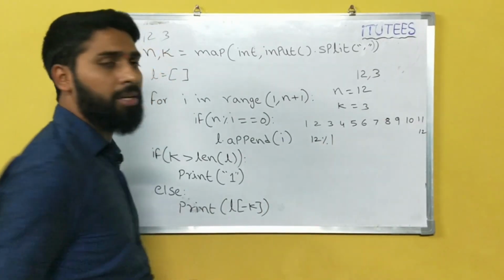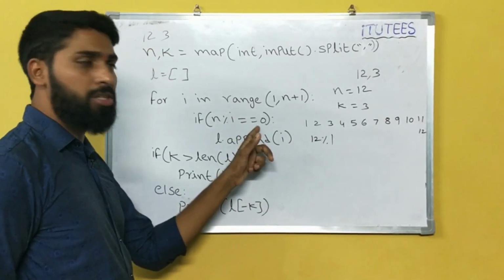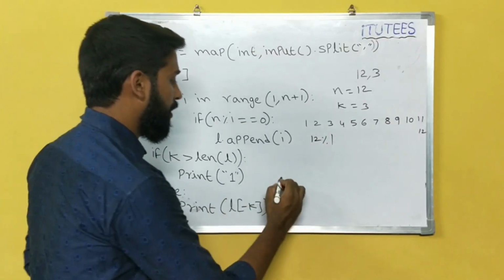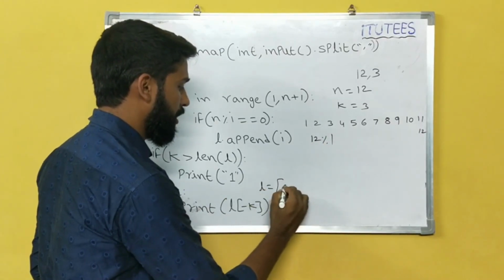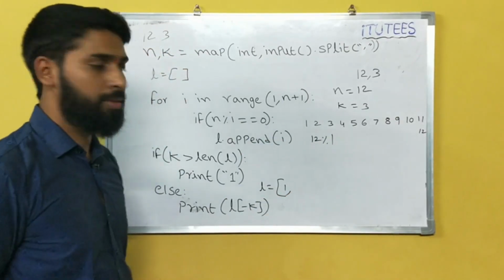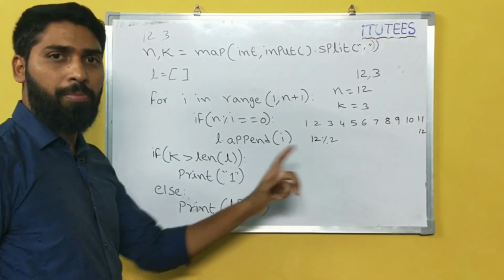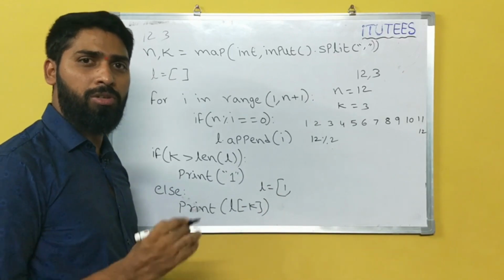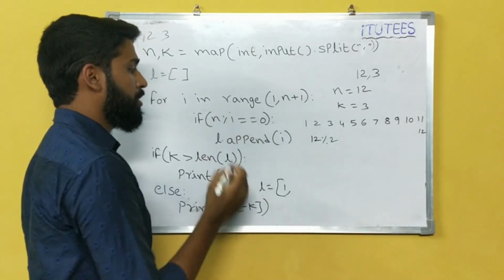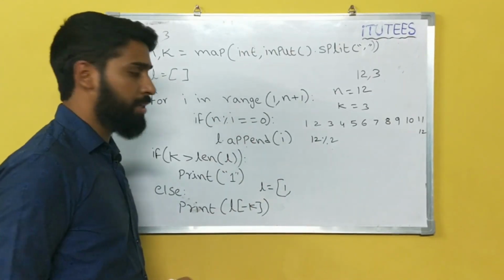12 percent 1, we get the remainder 0, so I can append this 1 to the list. Next iteration, this becomes 2. 12 percent 2 equals 0, so the condition is true, and 2 is appended to the list.